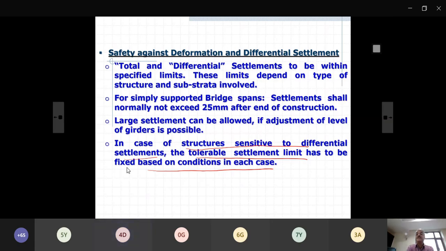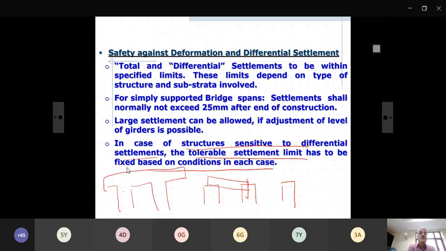Second thing is fixed. We were talking about fixed and simply supported span. In simply supported span, even if let us say this span goes down, maybe there will be little bit redistribution of load. But imagine in a fixed structure, this structure goes down. You know, the whole moment shear force, everything changes, isn't it?